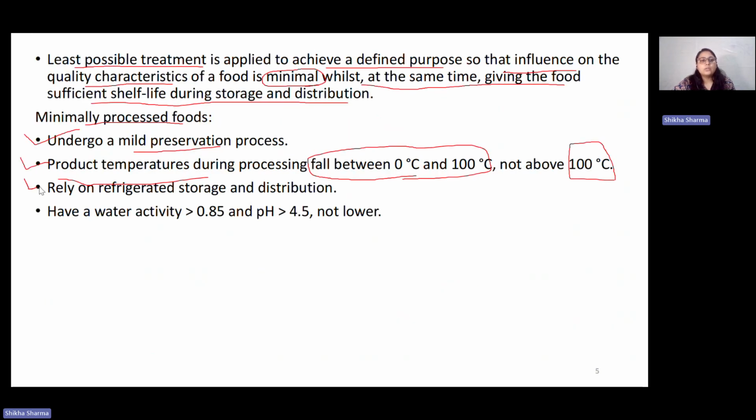Then they rely on refrigerated storage and distribution. So basically in minimally processed food products, there can be multiple hurdles.